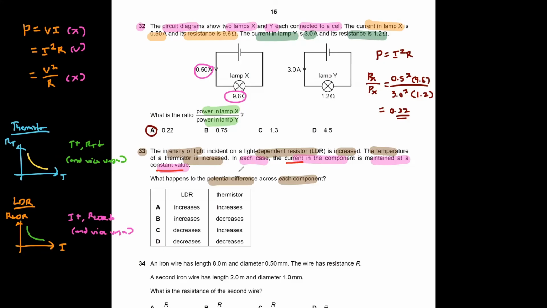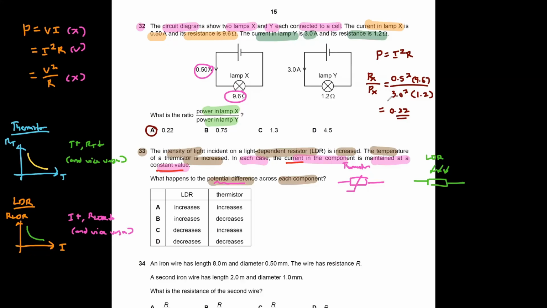Okay. So now they want you to find out what happens to the potential difference across each of these components, provided that current is constant. So say for example, this one is your thermistor, and then this one is your LDR.